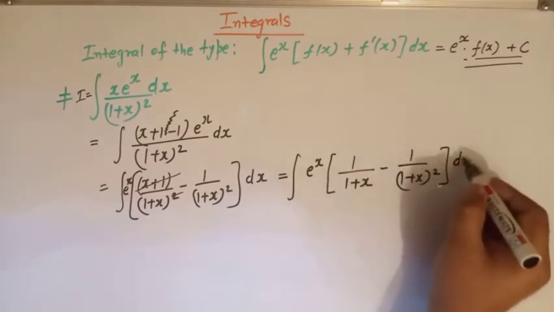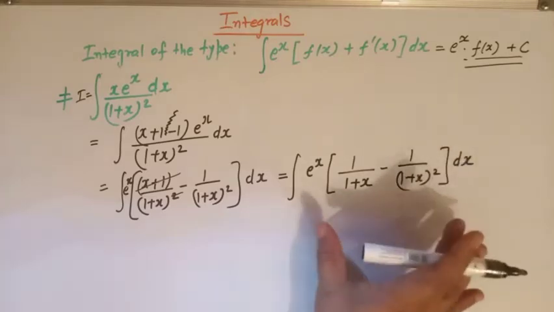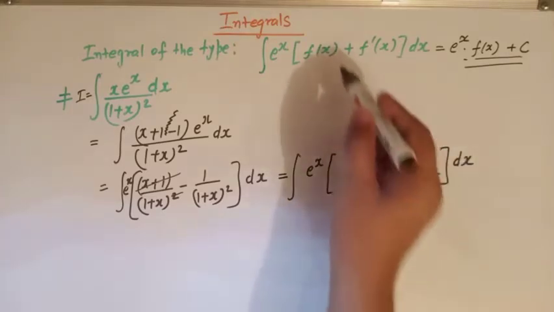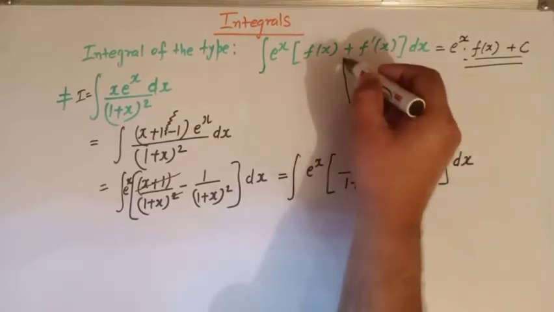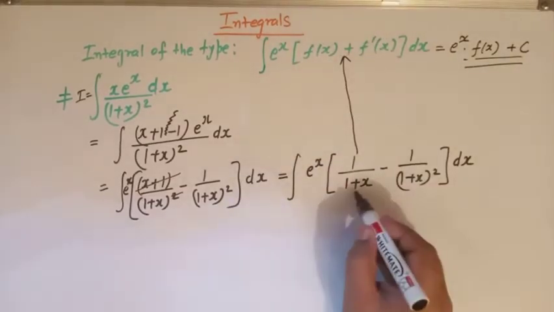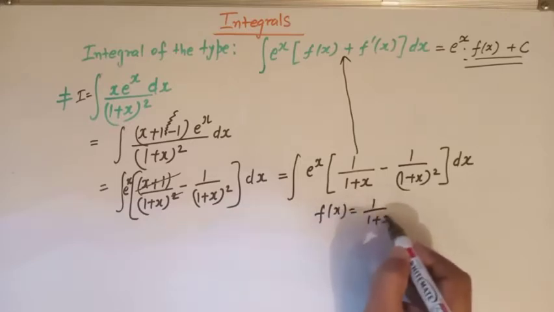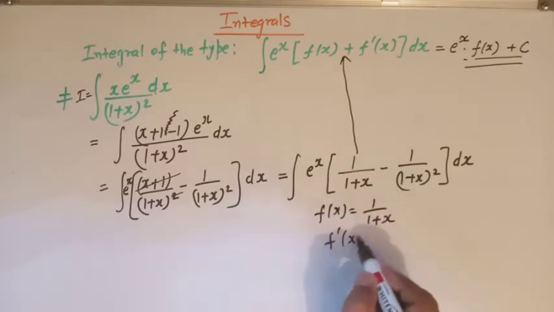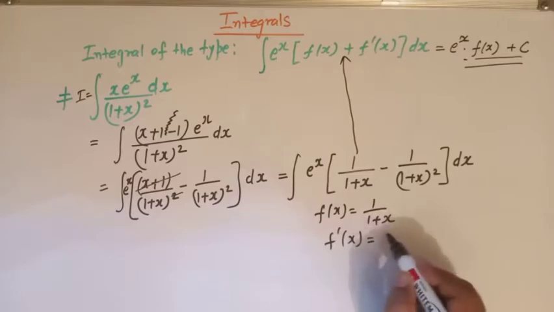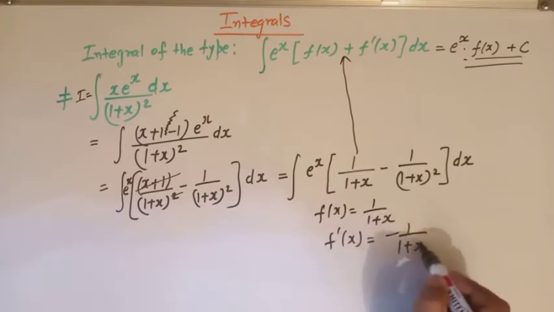Clear? Now here we see that this integral is of this type. How? If we take f of x as 1 over 1 plus x, then the derivative of f is minus 1 over 1 plus x whole square.